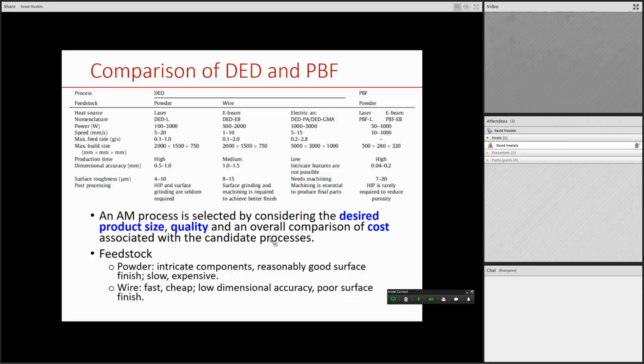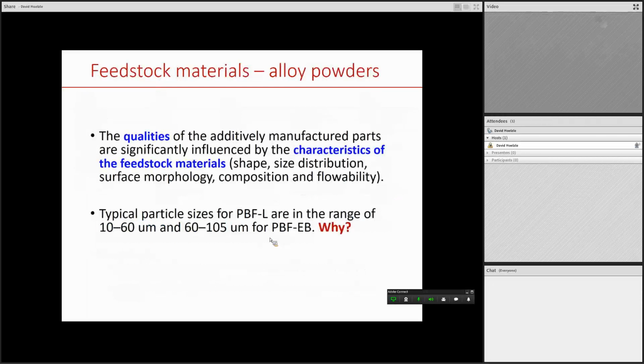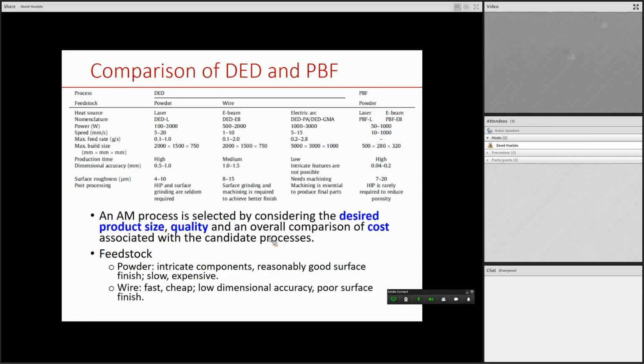You just put a component into a special furnace, which will give it an elevated temperature and also isostatic pressure. Who's heard of it before? Yeah, I think Tyler from our lab has used HIP with the UAM components.